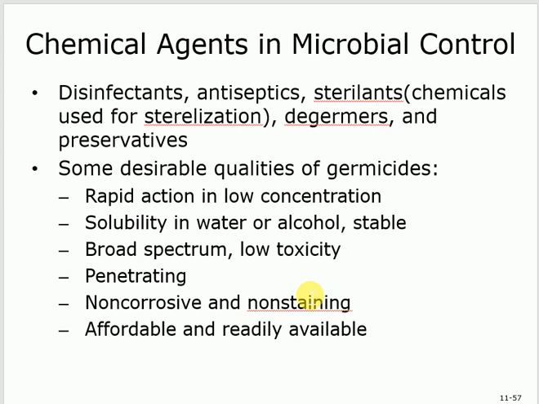Are we following? What are you using to sterilize? Sterilants. What do you use to disinfect? Disinfectants. What do you use to antisept? Antiseptics. What do you use to degerminate? Degermers. Is that clear? What are you using?